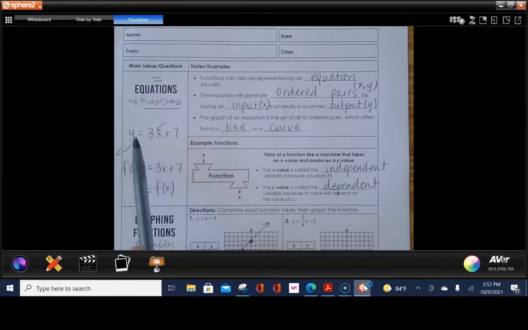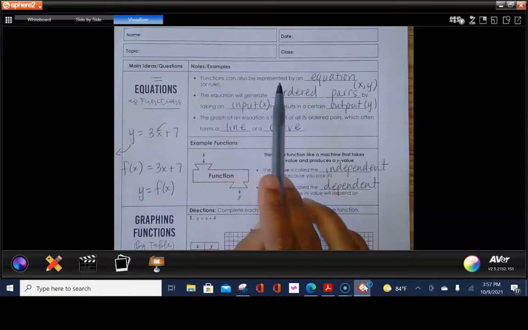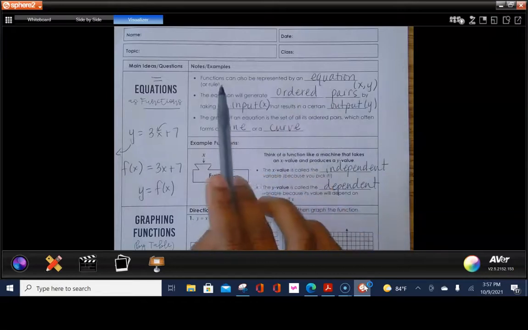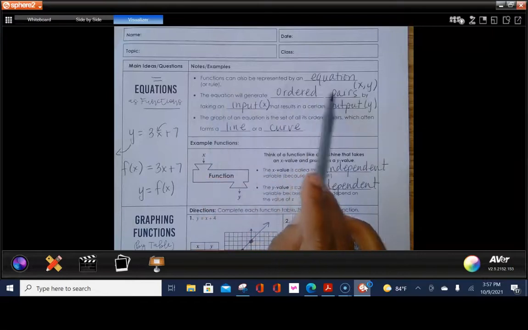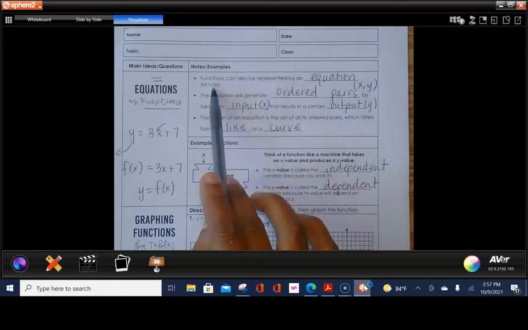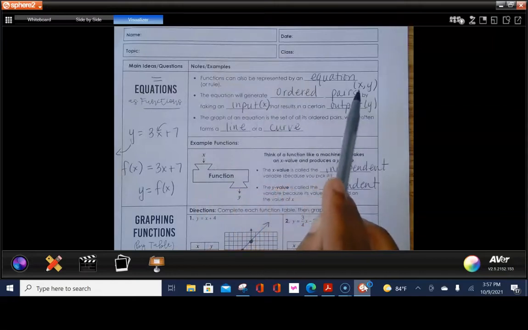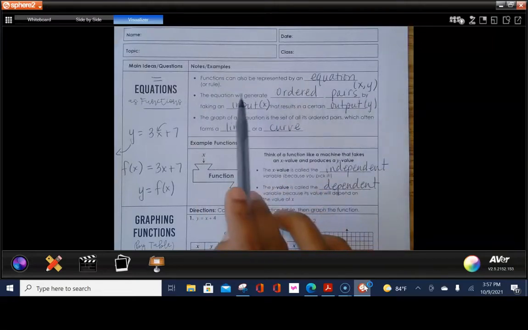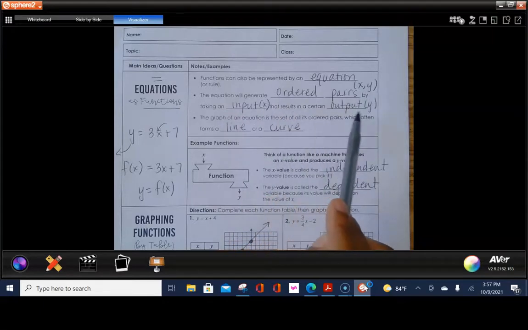Remember the definition of a function is a relationship between two variables. Here it says functions can also be represented by an equation or a rule. So there's some kind of formula or equation I have to use, or a rule that I have to follow, which is a function. The equation will generate an ordered pair, x comma y, taking an input value of x that results in a certain output for y.